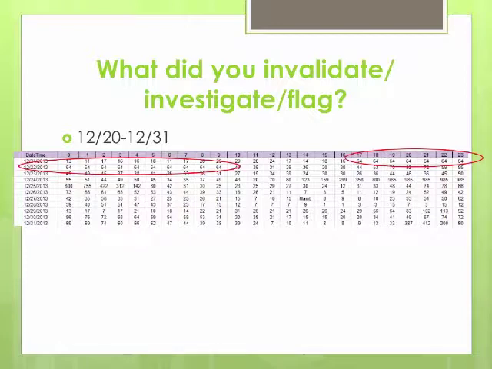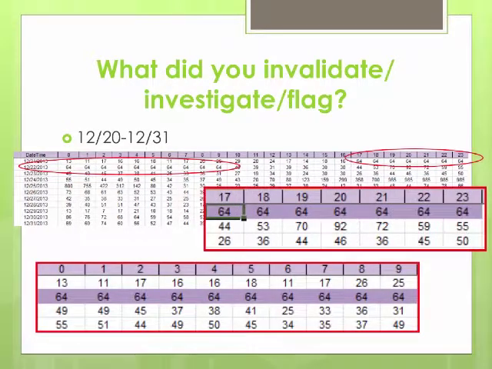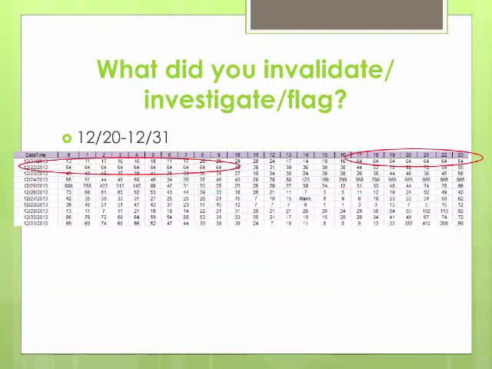All right, so how about these 64s? Level 1 identified this as a tape break. Are we going to invalidate these? Yeah. All right. So we're going to invalidate all those 64s. Anything else? Okay, all those 64s up until, I guess, the 9th hour of the 22nd. Yeah, so all the 64s. You think the first one's valid?